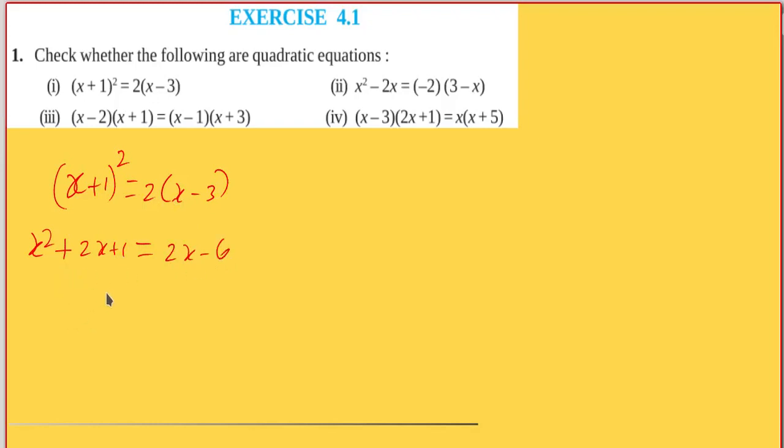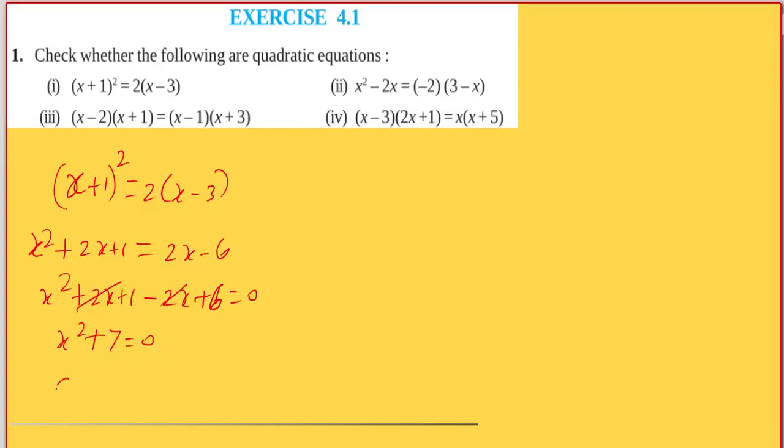Now let me bring everything to one side: x square plus 2x plus 1, and bringing the right side to the left, minus 2x plus 6 equal to 0. Plus 2x minus 2x will get cancelled. We will get x square plus 7 equal to 0.